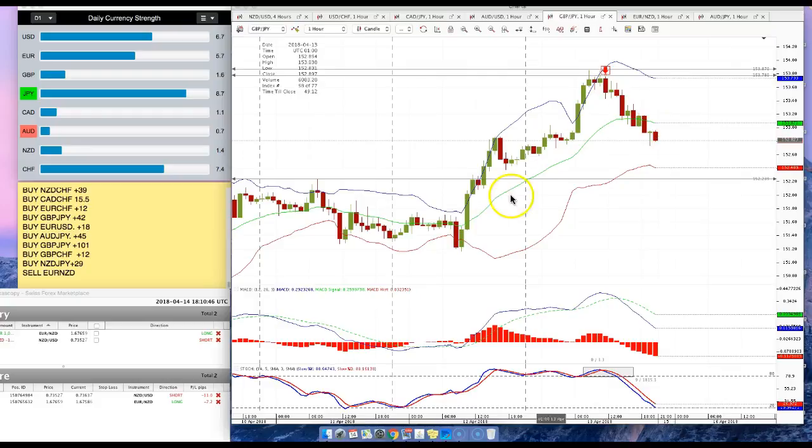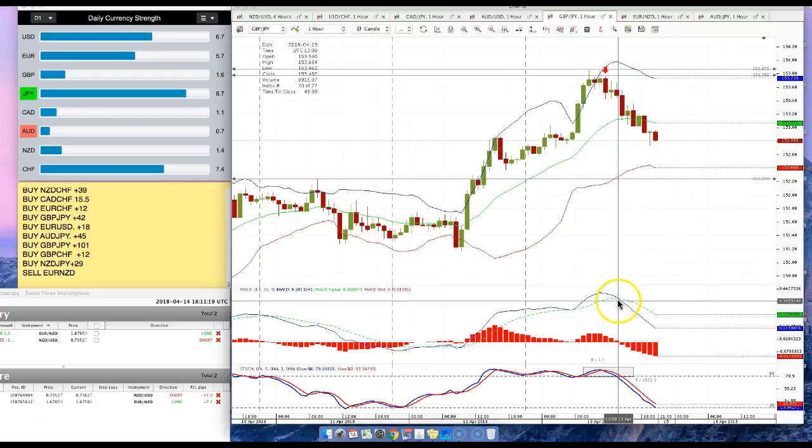Again, continuation pattern. The market put in its daily range of 166 pips on Thursday, so I'm looking to buy on Friday, but exit that trade when it gets very close to the previous day's daily range. And then towards the end of the New York session, actually after the European session closed, we have strong candlestick patterns indicating a retracement.